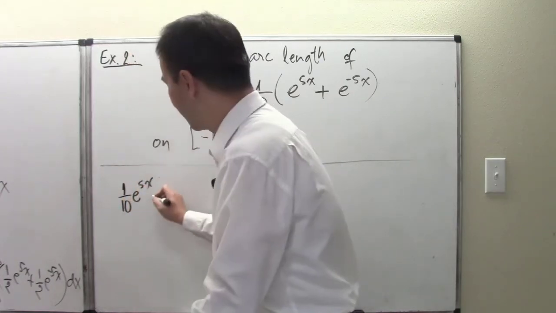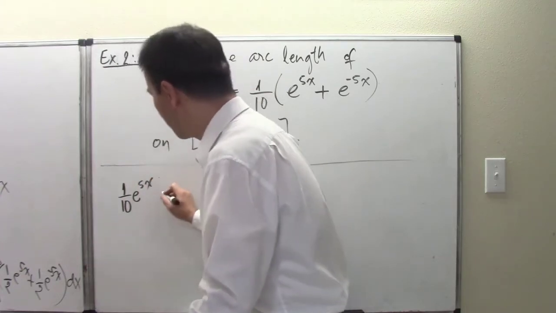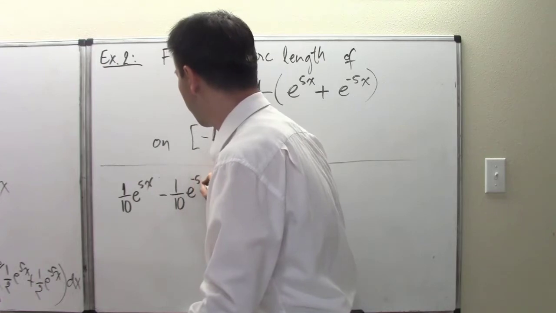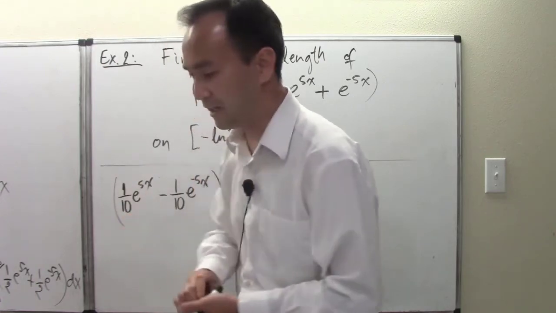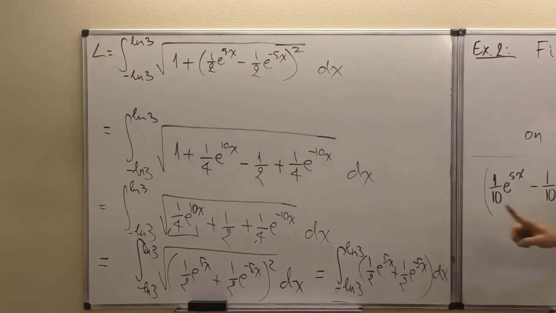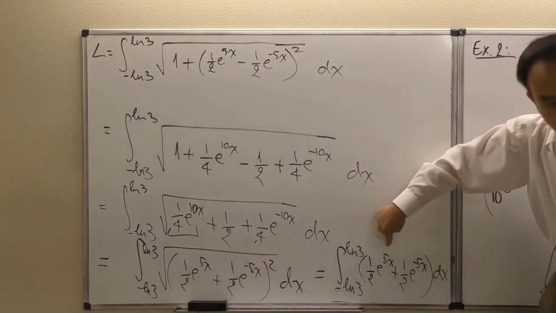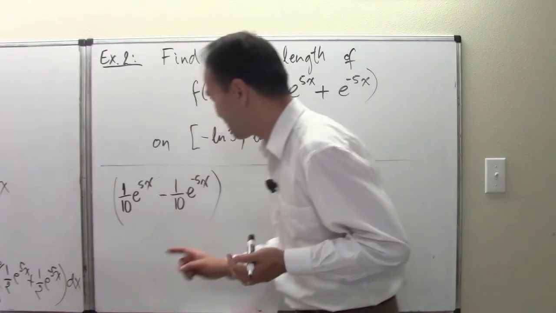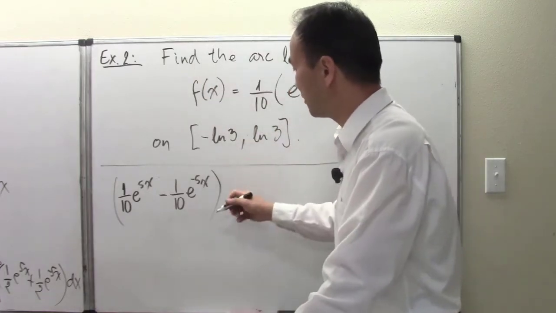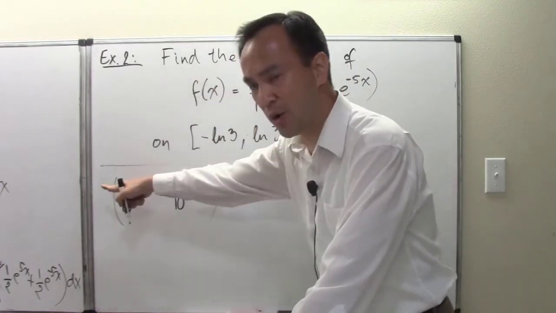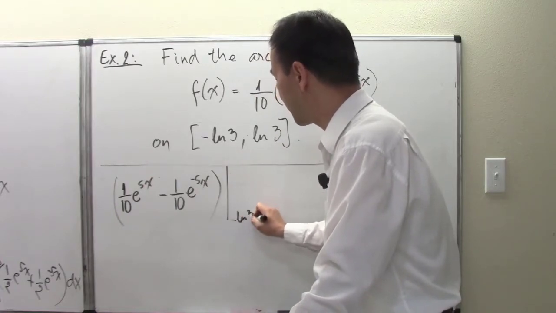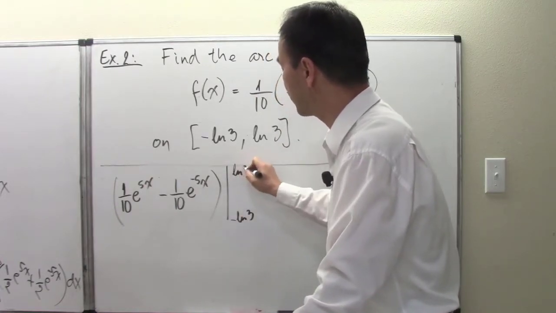The next term gives me minus 1/10 times e to the minus 5x. That's the antiderivative of that function here. And now, according to the fundamental theorem of calculus, we are going to evaluate this antiderivative from minus natural log of 3 to positive natural log of 3.